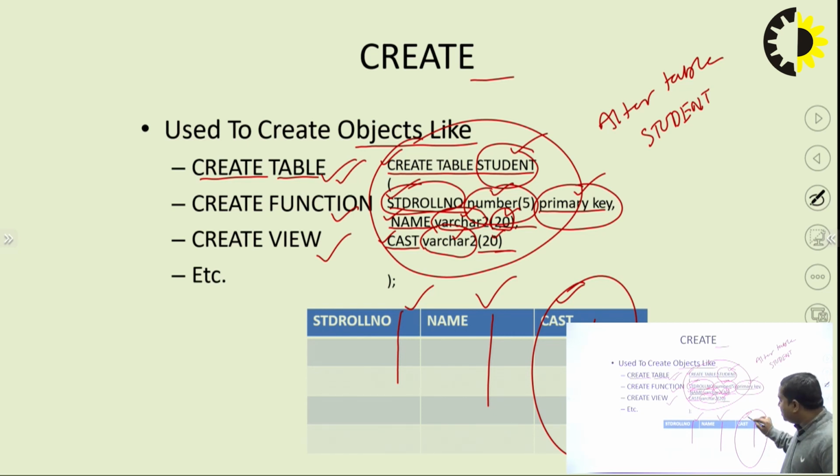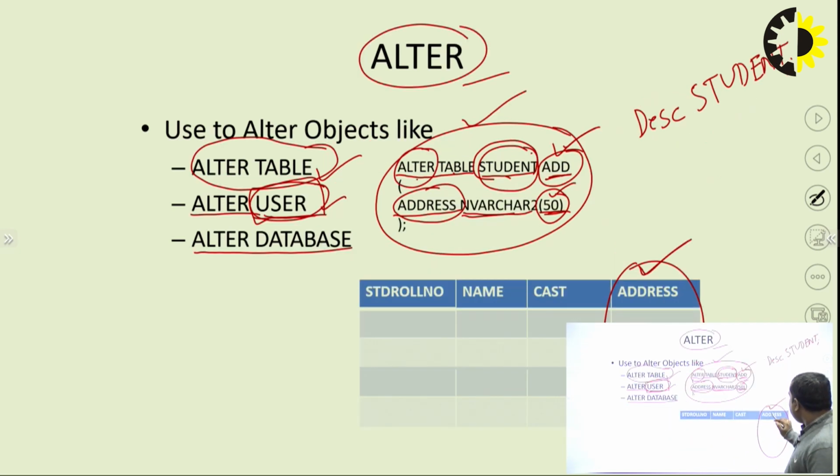If you want to remove this caste field, then what we will write? Alter table student, and then we will write down drop column, okay, and column is what? Caste. Okay, so if we run this SQL command, it will ultimately drop this field, and there will be only student roll number, name and address only.